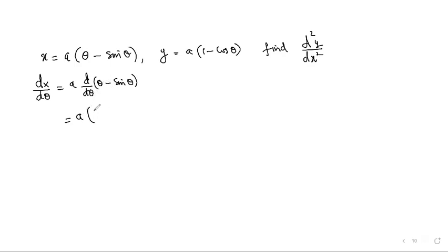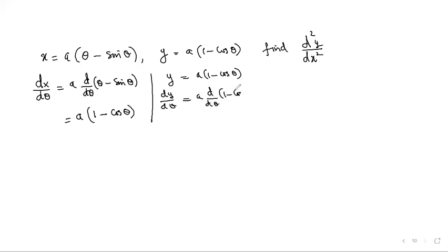Derivative of theta with respect to theta is 1, derivative of sine theta with respect to theta is cos theta. Then you take y. dy by d theta is a into d by d theta of 1 minus cos theta, which is a into sine theta.